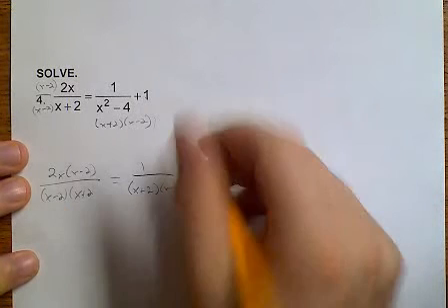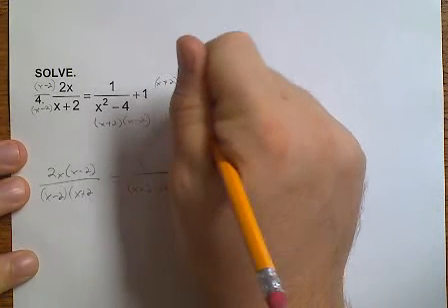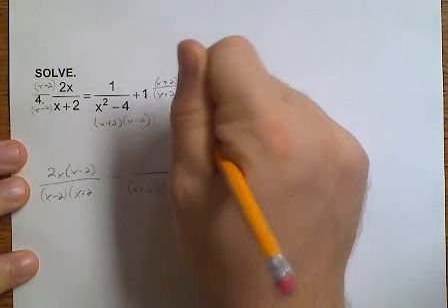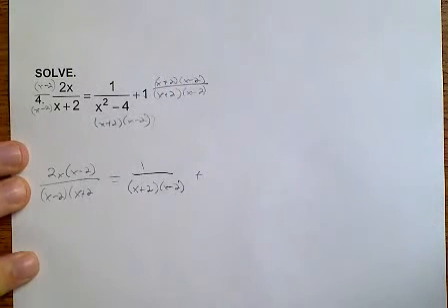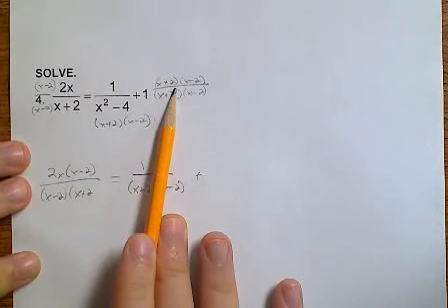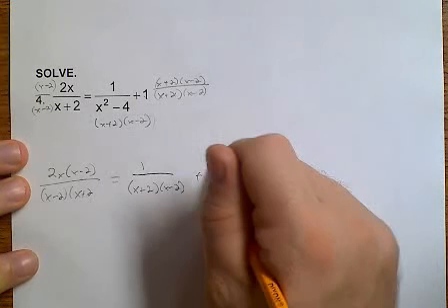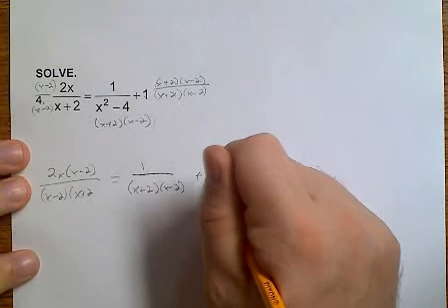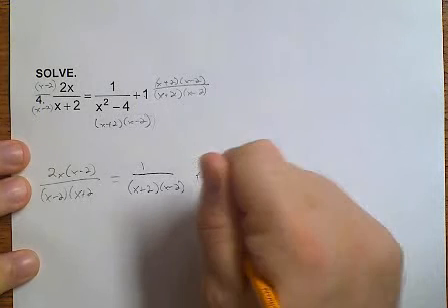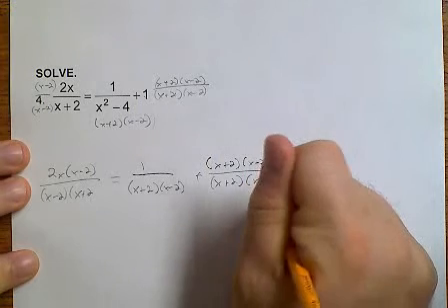So if I multiply it by x plus 2, x minus 2, over x plus 2, x minus 2, I'm really just multiplying by a very complicated version of the number 1. And 1 times 1 is 1. So we can just rewrite this as x plus 2, x minus 2, all over x plus 2, x minus 2.